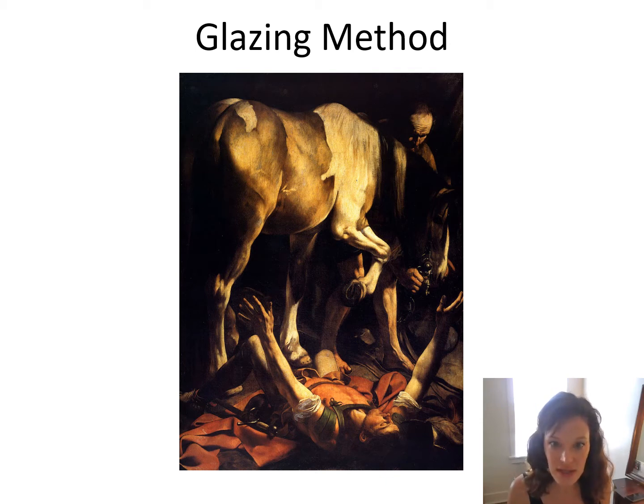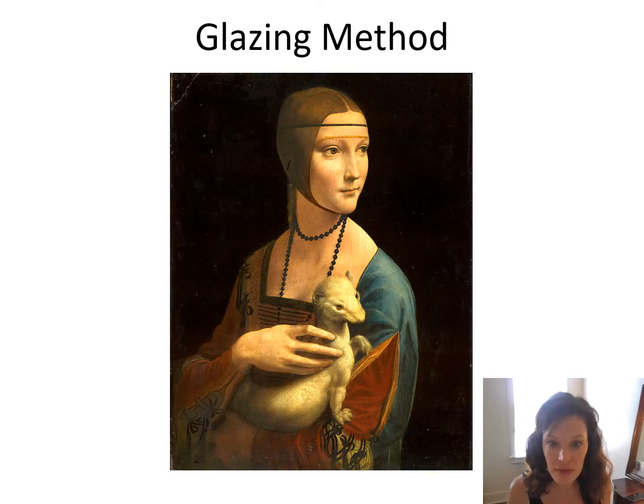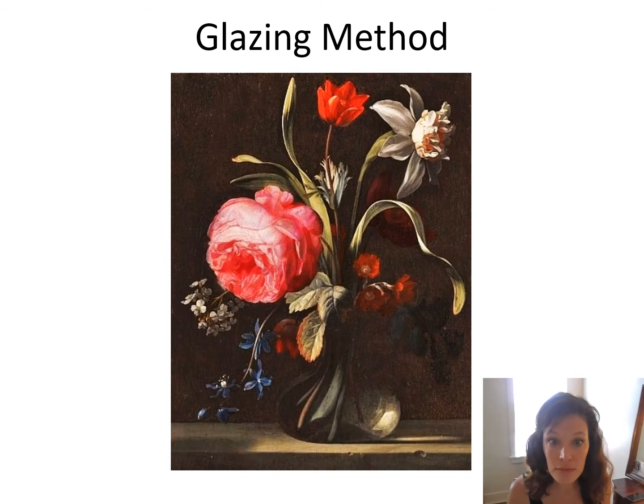So very intense value shifts from light to dark. Again, similar here with the Leonardo. This is a Dutch still life. I'm not sure who painted this. I'm not sure if it's been attributed, but you can see that it has very similar kind of value shifts to the paintings of the people.